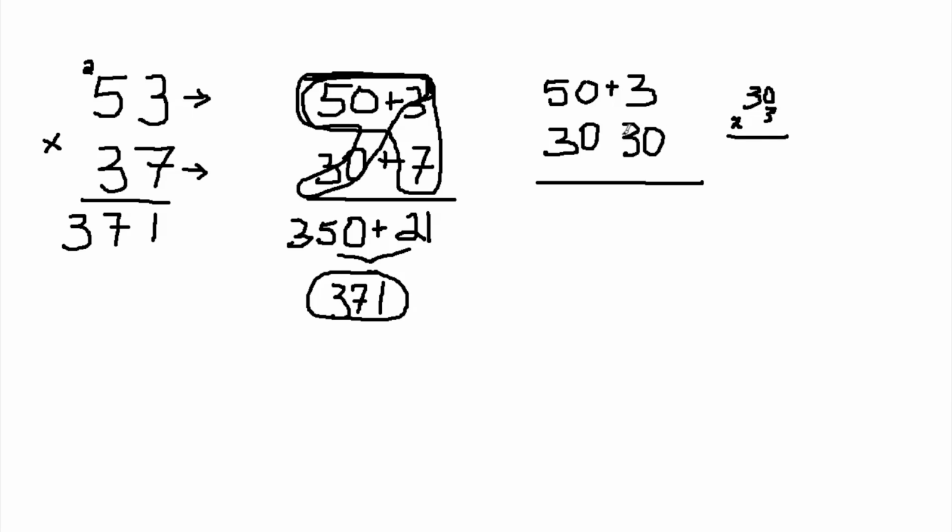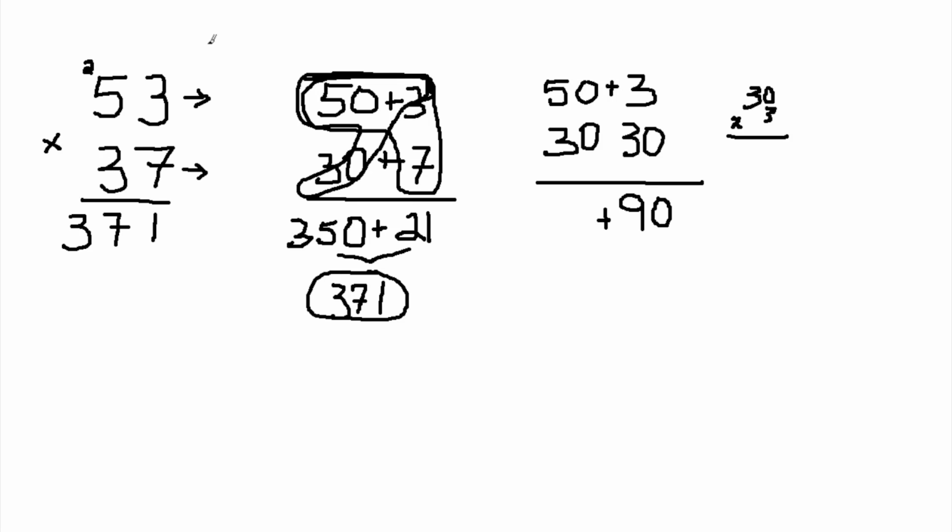Again, there's a 0, so all you have to do is what's 3 times 3? That's 9. Add the 0. That's 90.